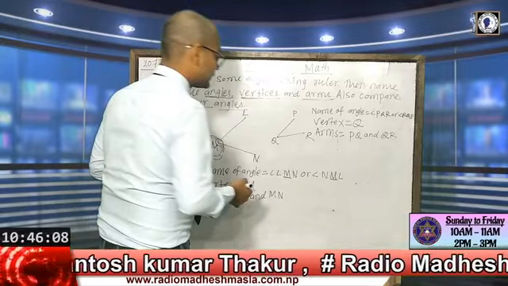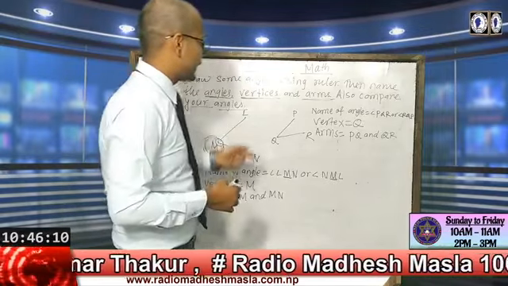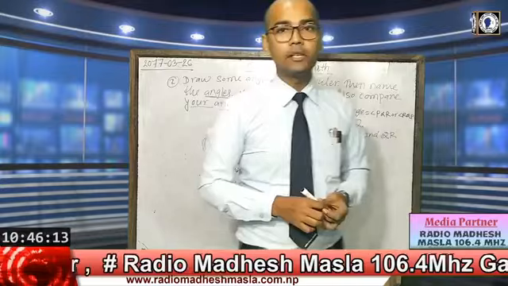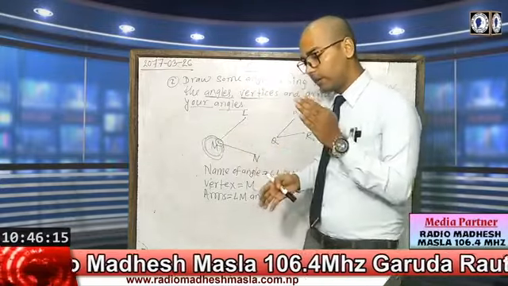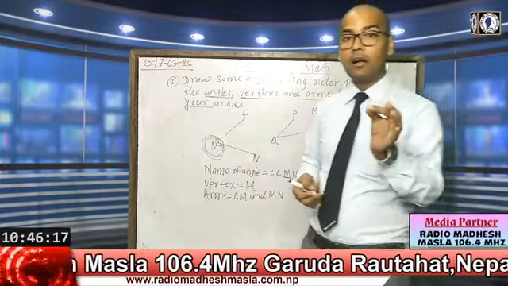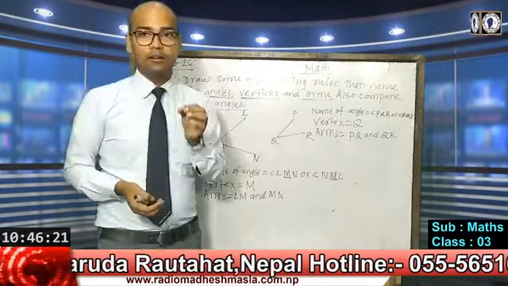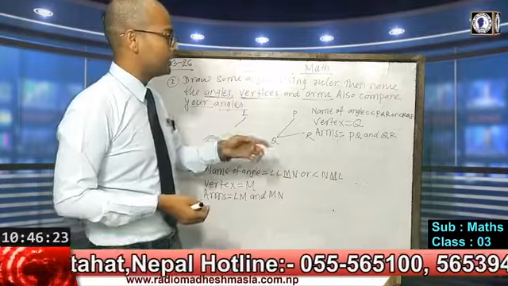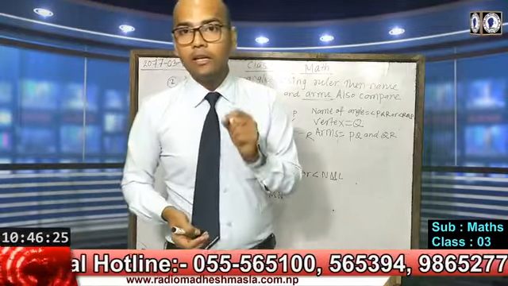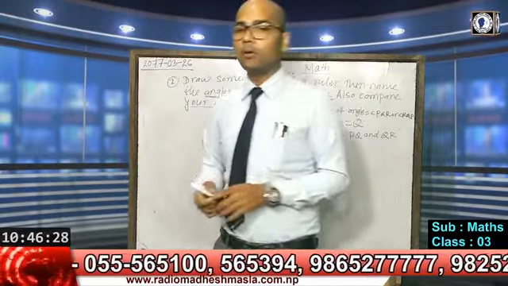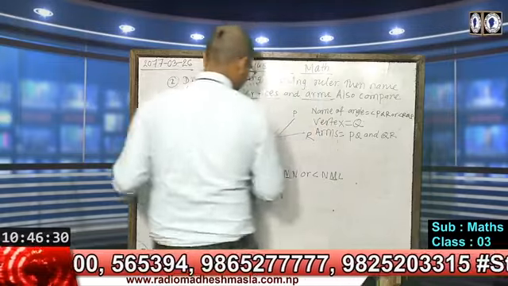Students, now you can identify from the given two angles which one is narrow. Remember always one thing: the corner which is wider is always greater, and the corner which is narrow is always smaller.